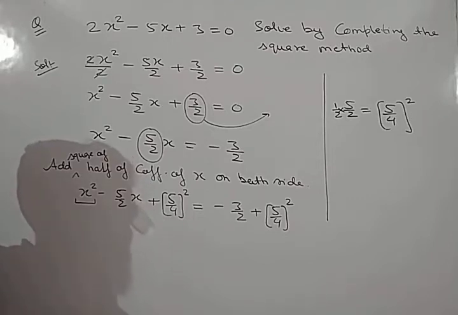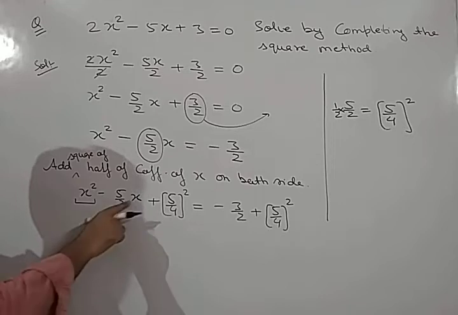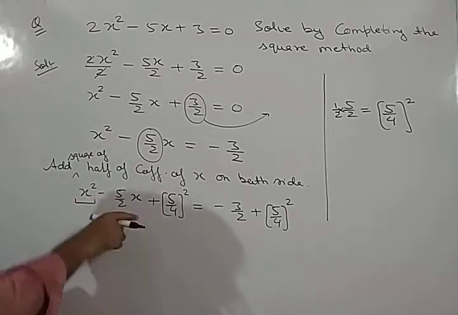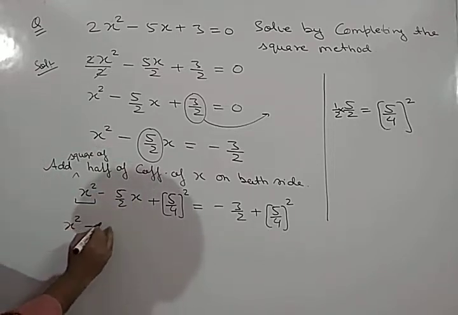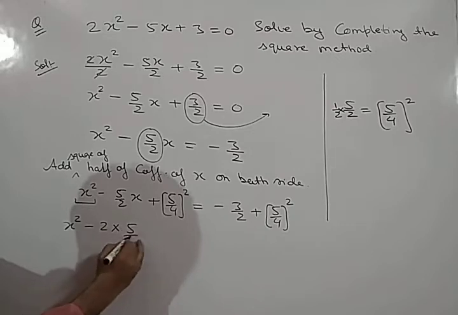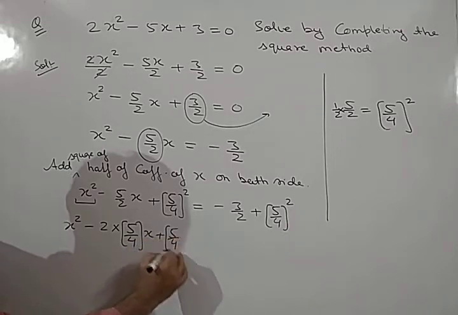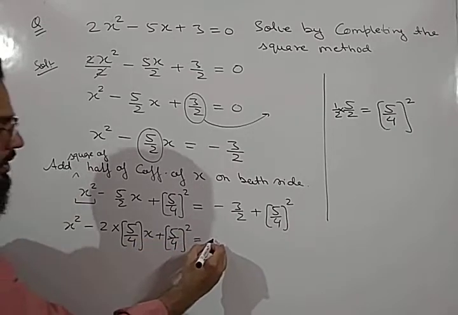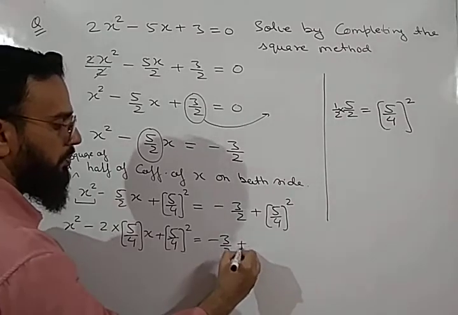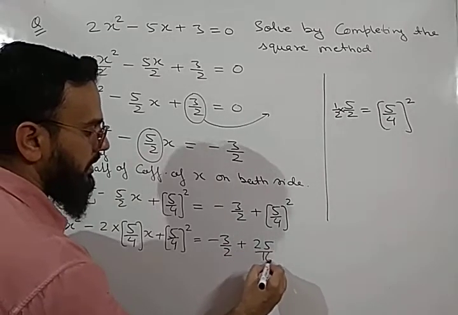So how can you convert it? We should multiply it by 2 and divide it by 2. So we will get x square minus 2 into 5 by 4 into x plus 5 by 4 whole square is equal to minus 3 by 2 plus 25 by 16.